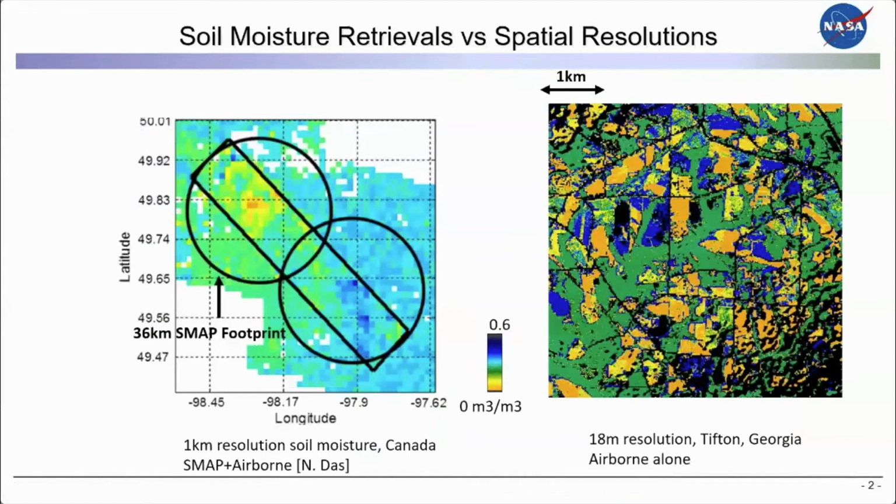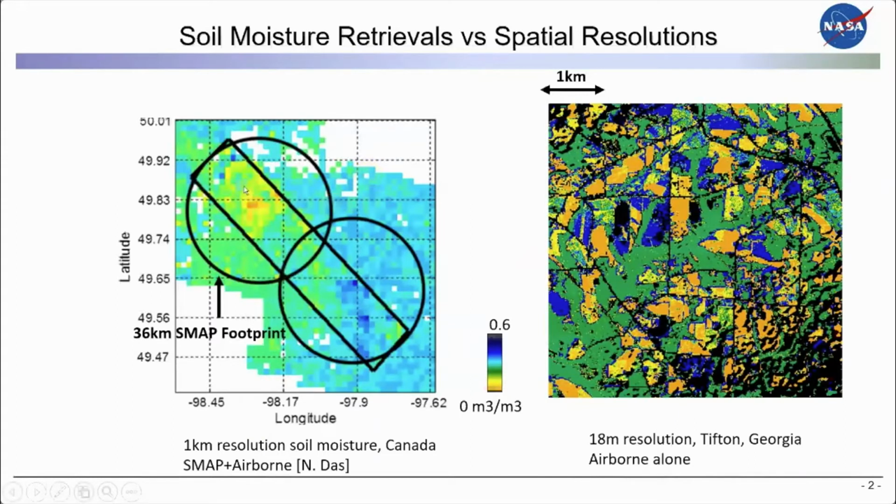These are the same contrast of what resolution we need, but in terms of the soil moisture maps available. On the left is 1 kilometer resolution soil moisture map over Canada from SMAP product. Circles are 36 kilometer footprint, each pixel is 1 kilometer.